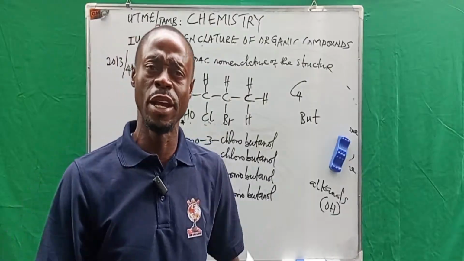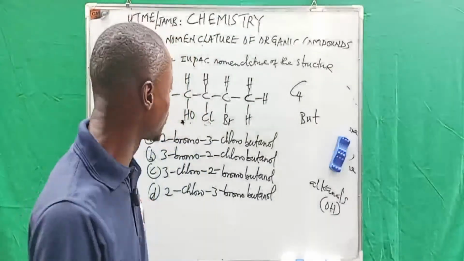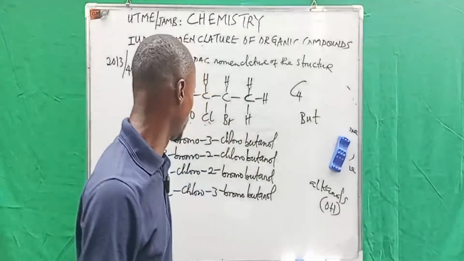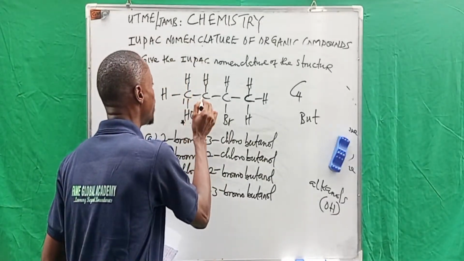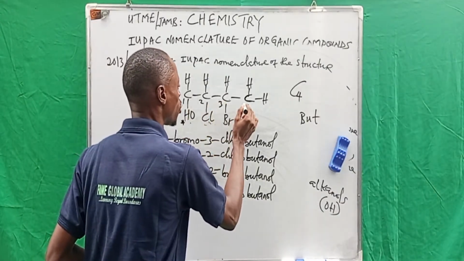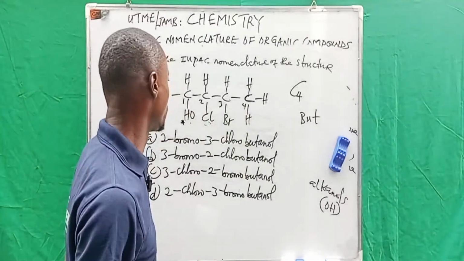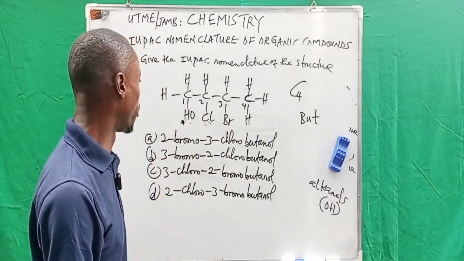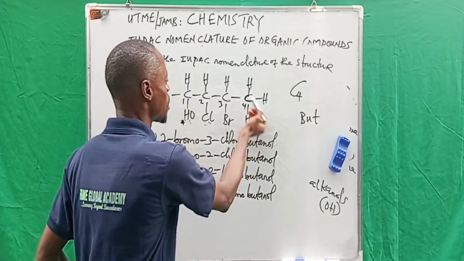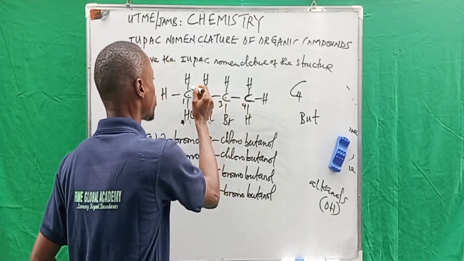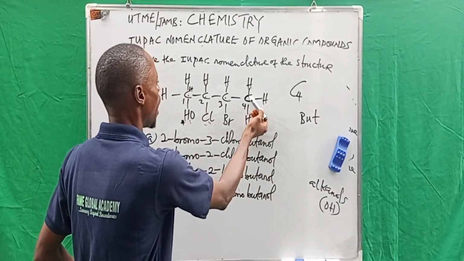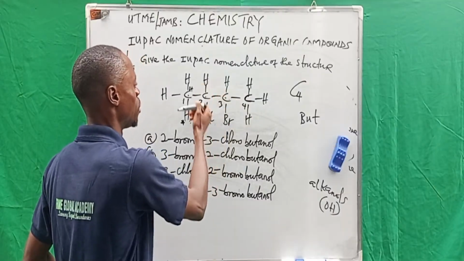What does that mean? It simply means that trying to locate our longest carbon containing chain, we must come from this end where the functional group is closer to the first or second or third carbon atom, as the case may be. Look at this structure on the board. The functional group is at carbon atom 1 from this end, but from this end, 1, 2, 3, 4, the functional group is at carbon atom 4. So it is wrong for us to start numbering our longest carbon containing chain from this end.